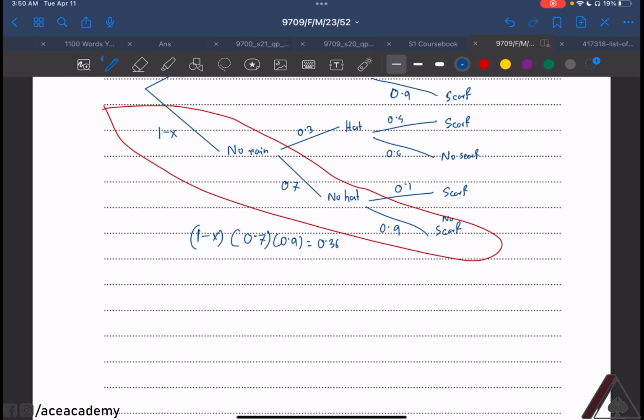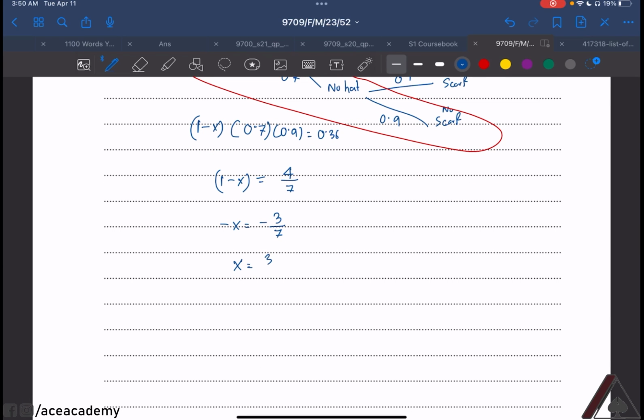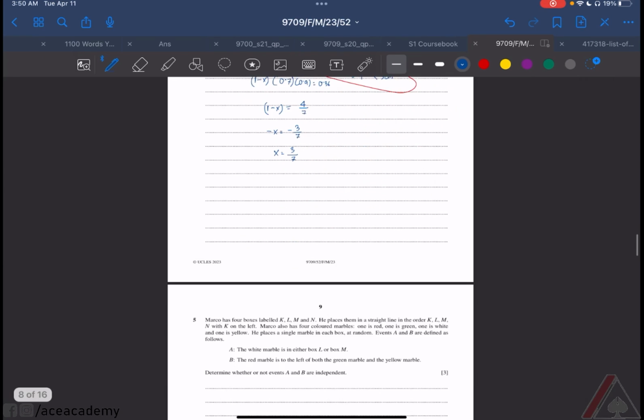So 1 minus x equals 0.36 by 0.7 into 0.9, 4 by 7, so minus x equals minus 3 by 7. So x equals 3 by 7 is the answer. All right.